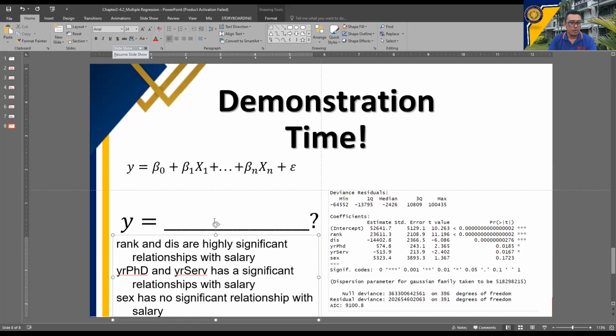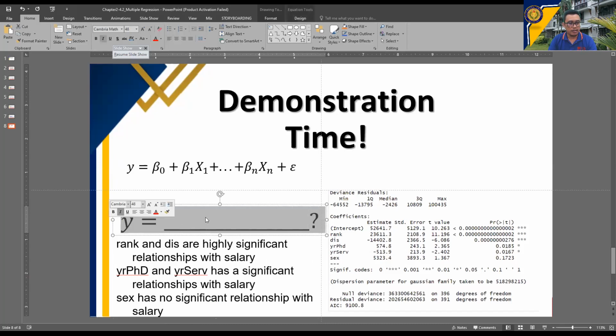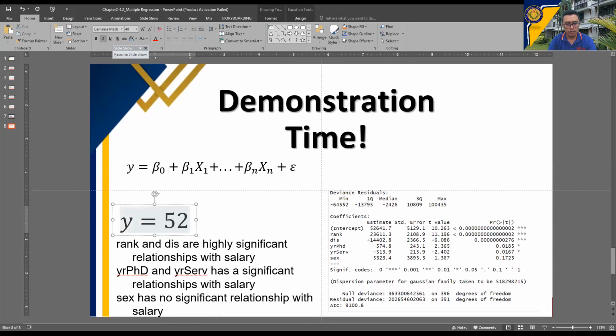Okay, so let's now develop the model based on this data. Let's substitute the intercept, theta sub 0. The intercept there is 52,641.7.